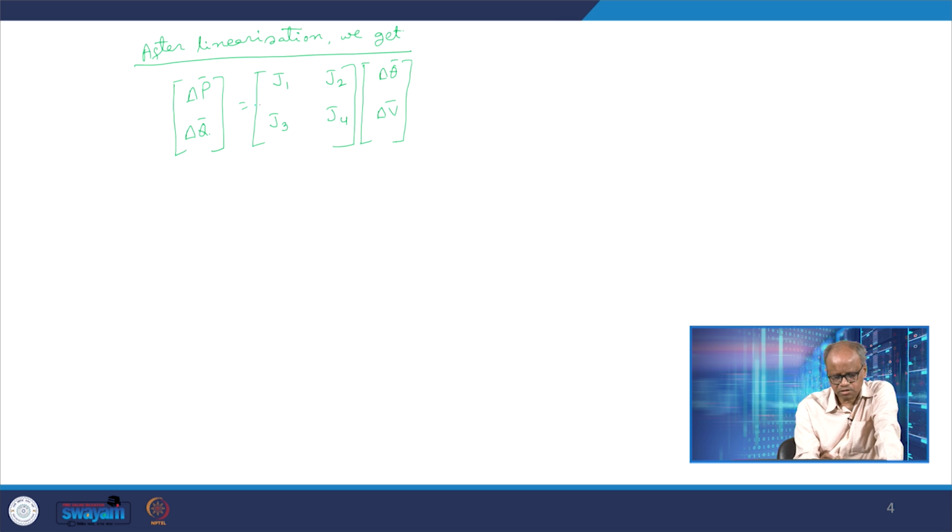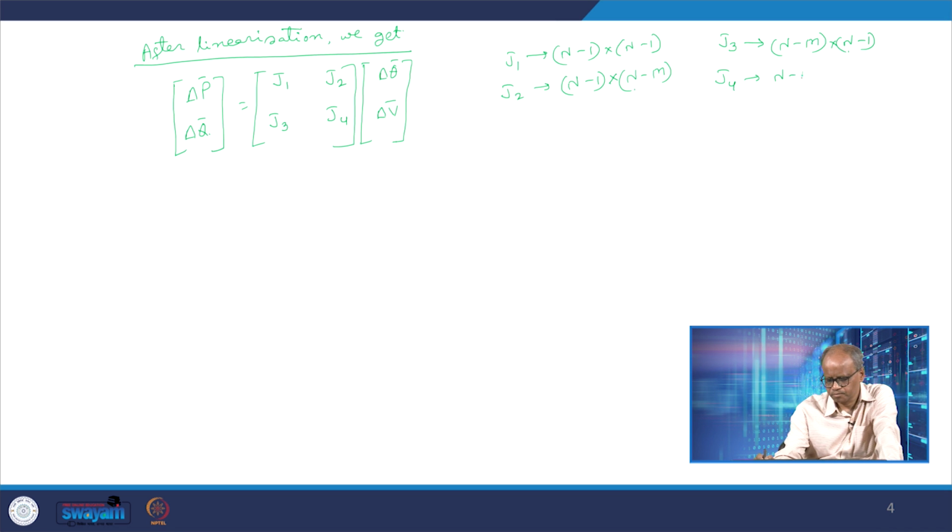J1 will have dimension n minus 1 cross n minus 1, J2 will have dimension n minus 1 cross n minus m, J3 will have dimension n minus m cross n minus 1, and J4 will have dimension n minus m cross n minus m.